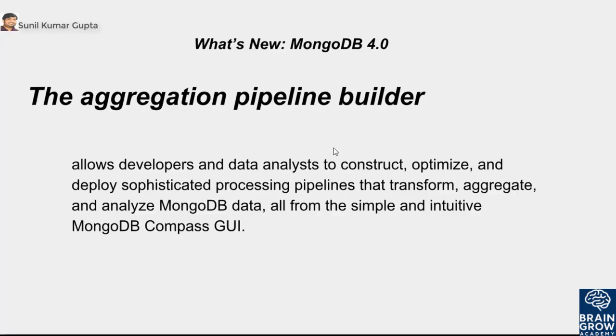With the use of MongoDB Compass GUI, our data analysts or developers can construct queries, optimize queries or data, and deploy the sophisticated processing pipelines that transform, aggregate and analyze MongoDB data. So we can do all those things using MongoDB Compass GUI using aggregation pipeline builder.